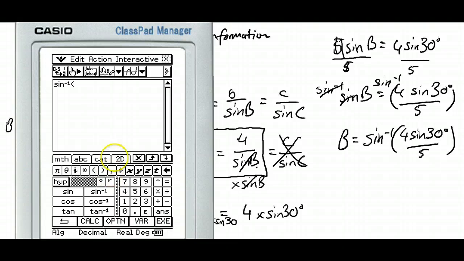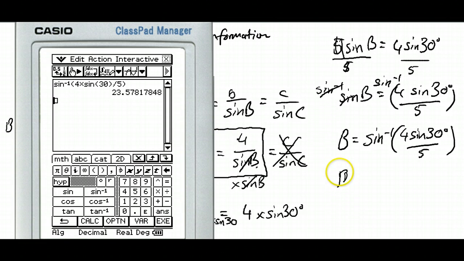Inverse sine of 4 times sine of 30 degrees, close the bracket, and then divide all of that by 5 and close the bracket. And if we execute that, we get 23.5, let's round the 7 up to an 8.